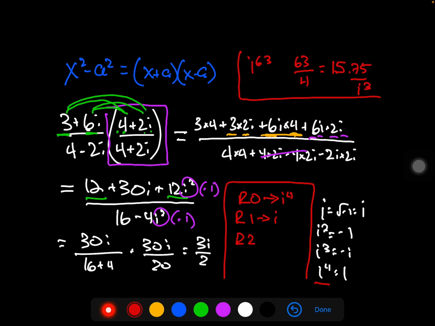Remainder 2, i squared, and remainder 3 is going to be i cubed. All right, so the remainder there, when we divide by 4, for 1, 2, and 3, will tell us the exponent, and if it's a remainder of 0, that means it's i to the fourth, or 1.